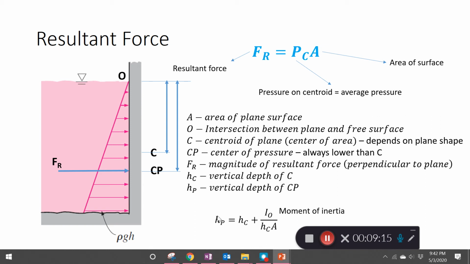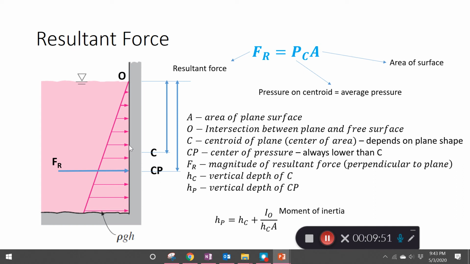So why the center of pressure is here is because of this unevenly distributed load. Because of this triangle, you know that the center of a triangle is actually about one third from the bottom. That is the center of a triangle. Therefore, the center of this resultant force is not going to act at the center of the plane.